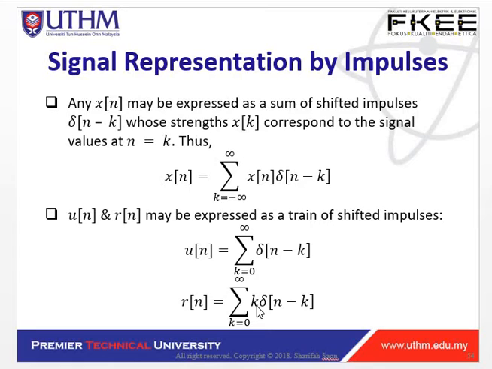For example, k is 1, delta n minus 1, so when n equals 1, the value is 1. When k equals 2, so 2 delta n minus 2, the value is 2 at n equal to 2. So that is the shifted impulse.